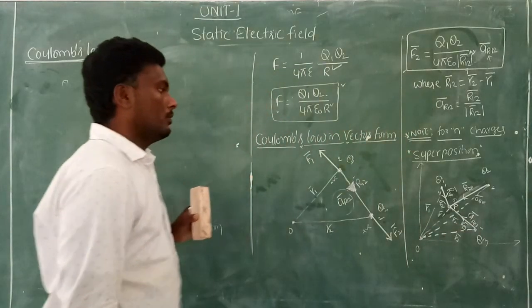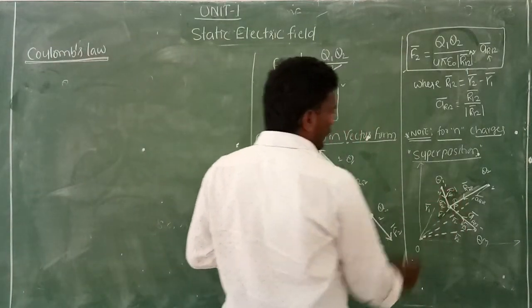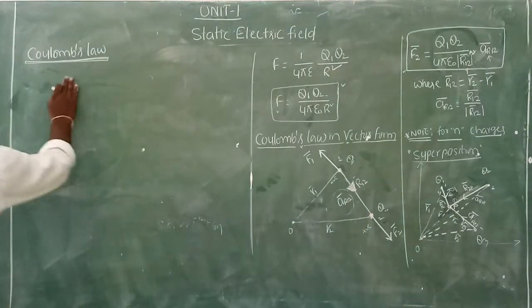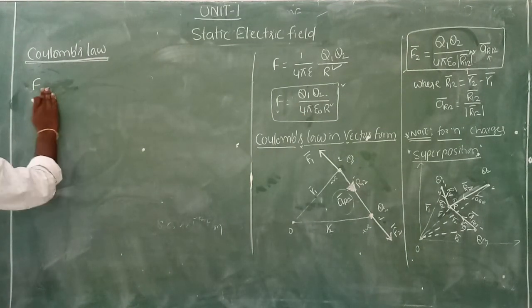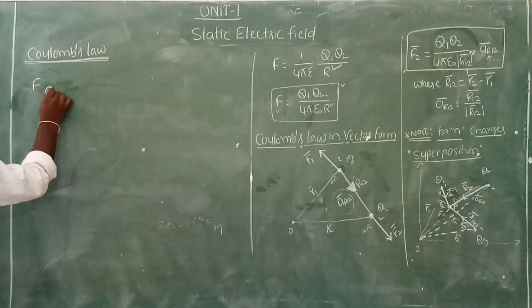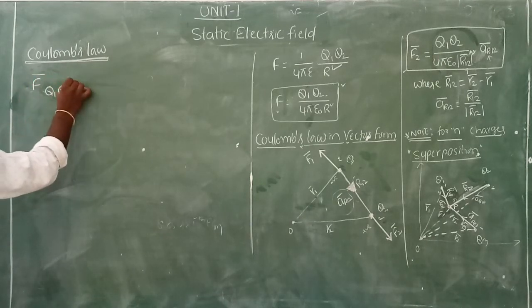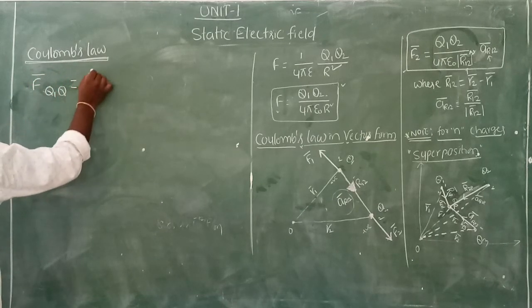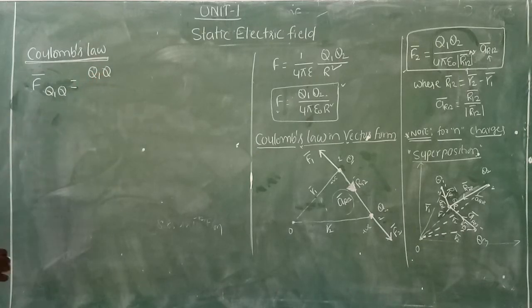Now see, whenever we are writing the expression for the force exerted on Q due to Q1, it depends upon the magnitude of the product of the two point charges. Which charges have we considered here?